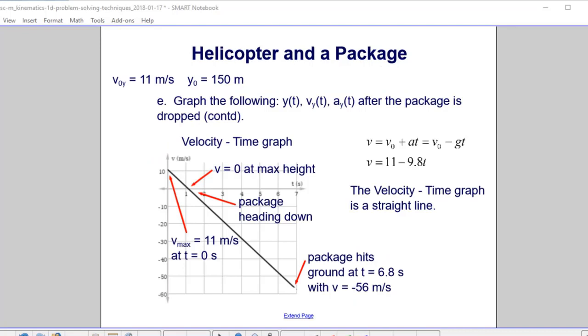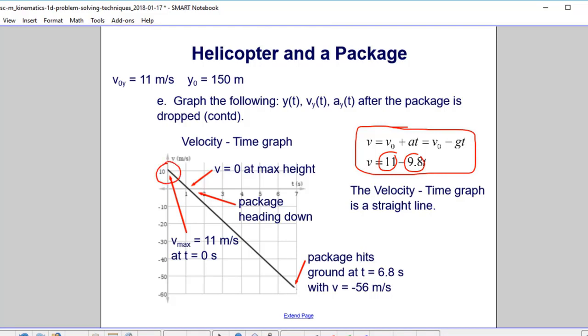To graph the velocity, we know that the velocity increases linearly in free fall. And as a matter of fact, here's our equation. Right, v0 minus gt, where our initial velocity was 11 and g is negative 9.8. So we can just plot that. We know that the y-intercept for the velocity, or the velocity intercept, is 11 at time equals 0.